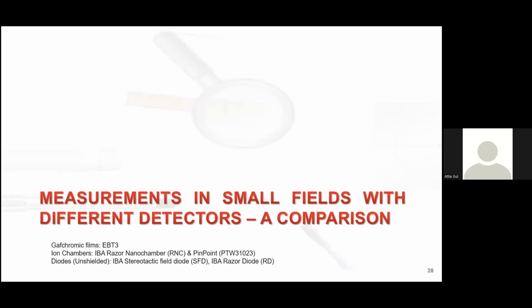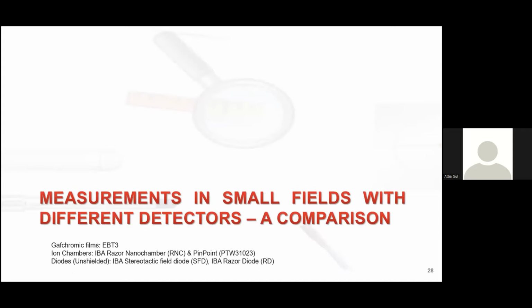Now I will present my study on measurement in small fields with different detectors. I have compared different detectors, including EBT3 films, razor nano chamber, pinpoint ion chamber, stereotactic field diode, and razor diode.